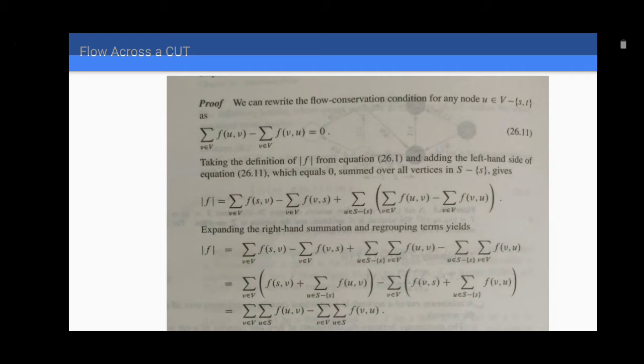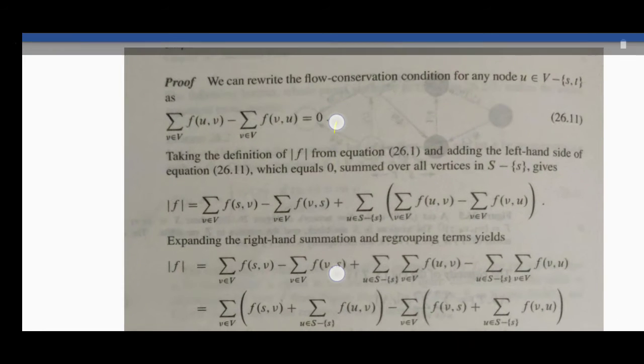Now, expanding the right hand summation and regrouping the terms, I can write it as summation of V belonging to capital V, f of SV minus summation of V belonging to capital V, f of Vs, plus, just expanding this, U belonging to V minus S, V belonging to V, f of uv minus the same thing here.